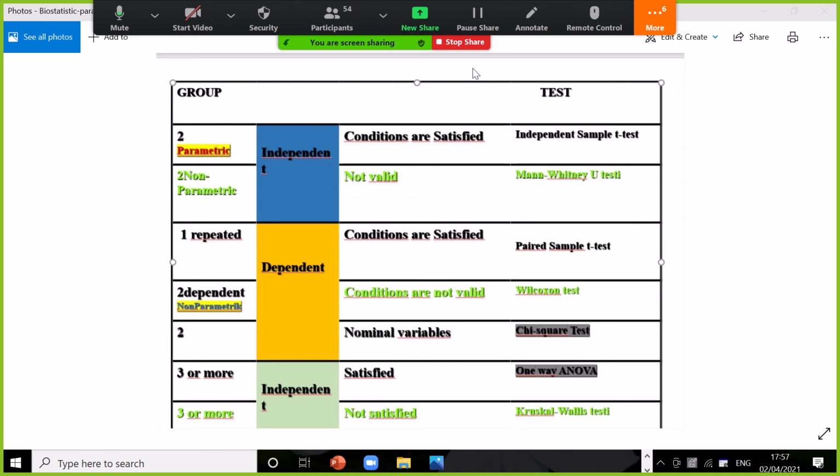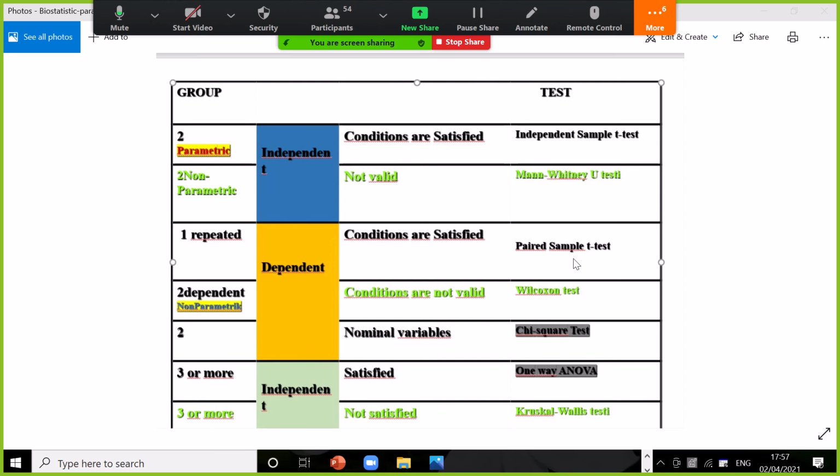So this kind of test is delivered via 2 independent groups. And if the distribution is not normal, if they don't show a normal graphic, then we have to use the Mann-Whitney test, okay. So the conditions satisfied here are the parametric test conditions, and here the parametric conditions are not satisfied.